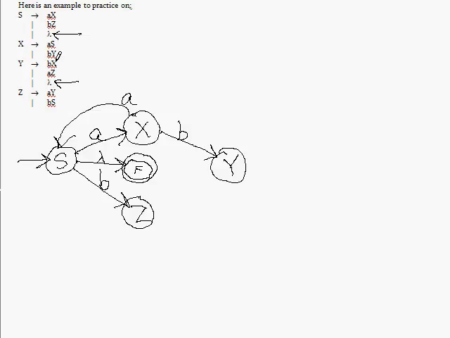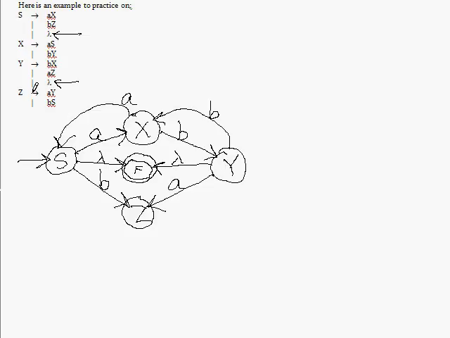Y has a transition to X labeled B, and a transition to Z labeled A. And it also has a word rule, so that goes to this accept state, and it is lambda.